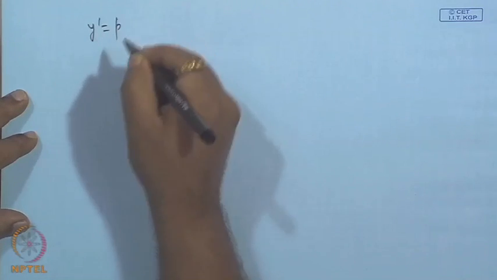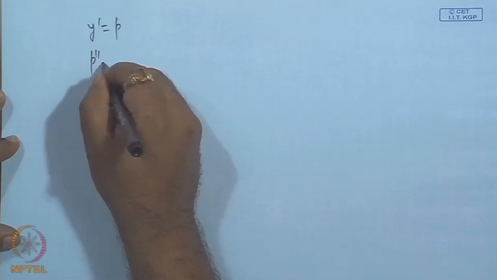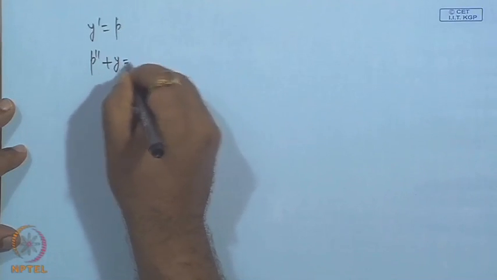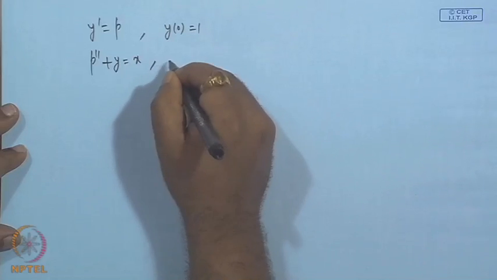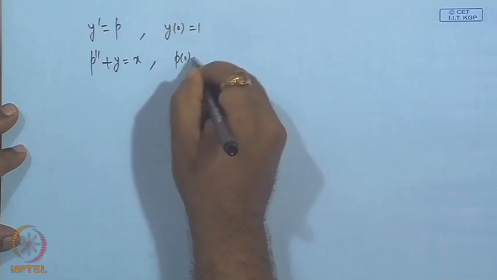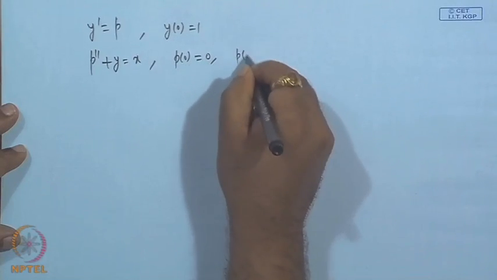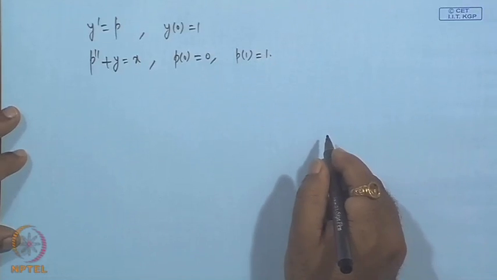So, we have to really depend on y dash equals p. So, then p double dash plus y is x. So, correspondingly this one and p of 0 is 0. Okay.